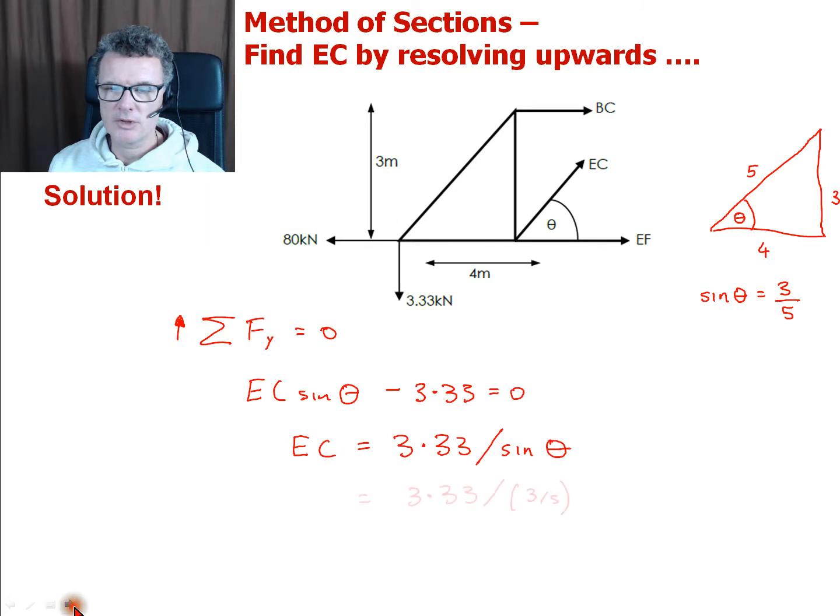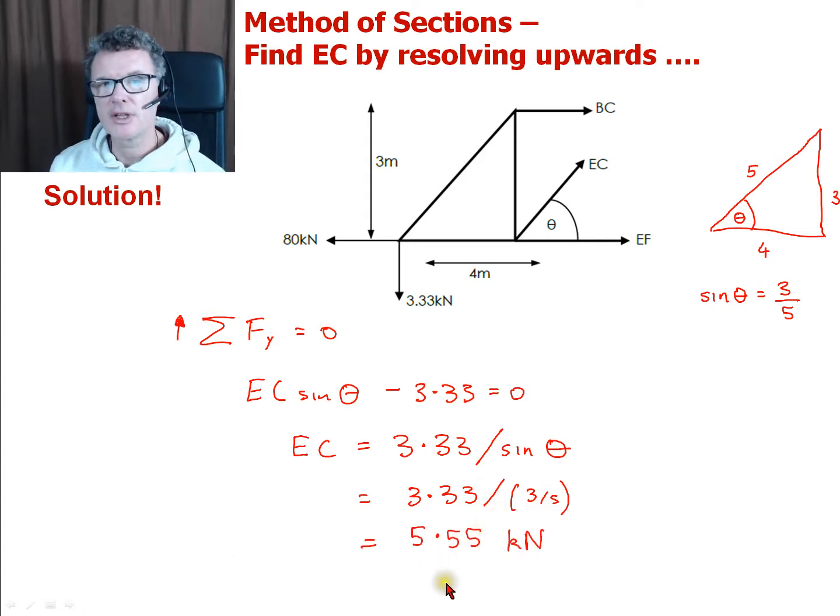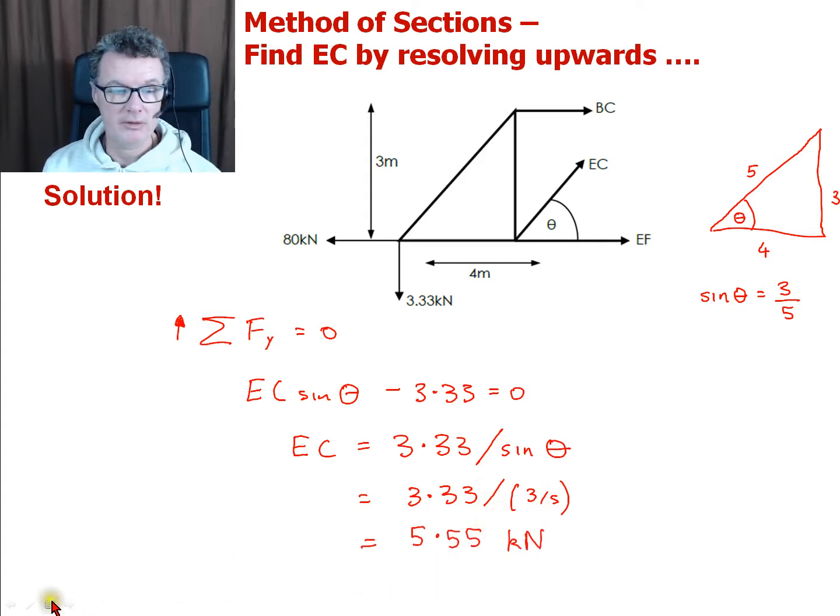That equals 0. Let's rearrange that, and we're going to get EC equals 3.33 divided by sine theta. But sine theta I know from here is 3 over 5. So put that in your calculator and you're going to find that the solution is 5.55.